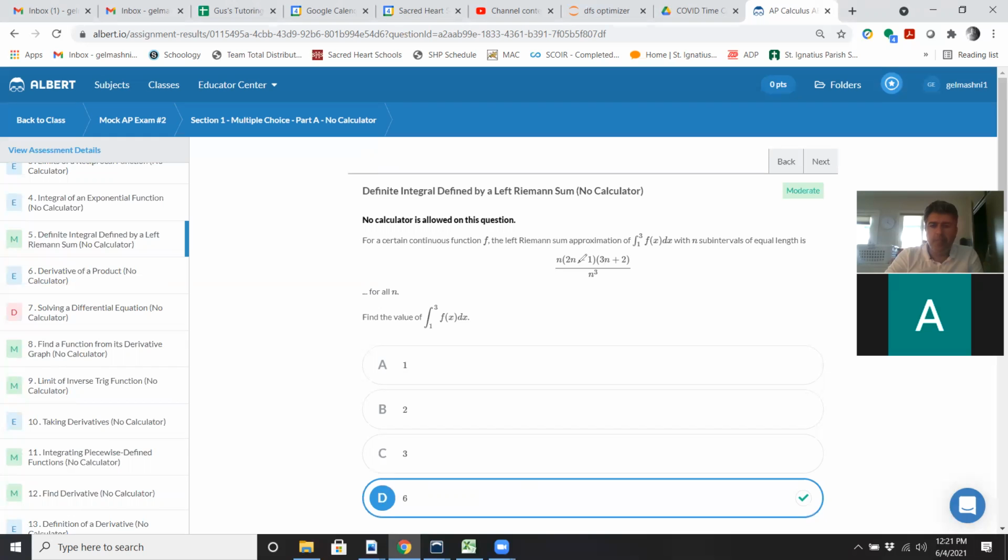When you have a Riemann sum, you take the limit as n approaches infinity of your actual Riemann sum. That'll be the value of the integral. So if you think about it, that's going to be 6n cubed up top with a bunch of junk that follows, and you have n cubed. And so because the degrees are the same, we know how to take that limit. So that's why it's just going to be 6.